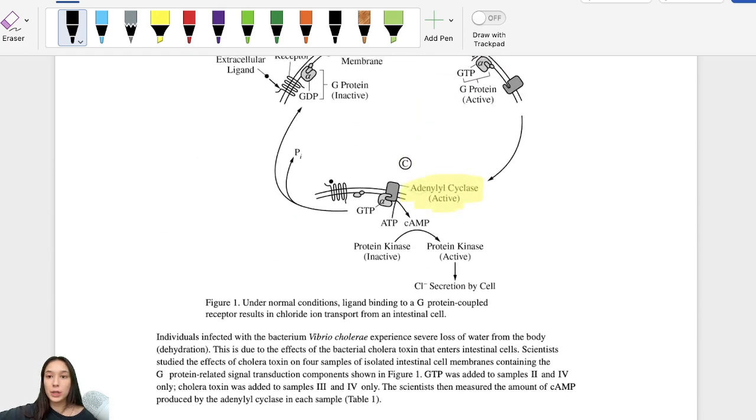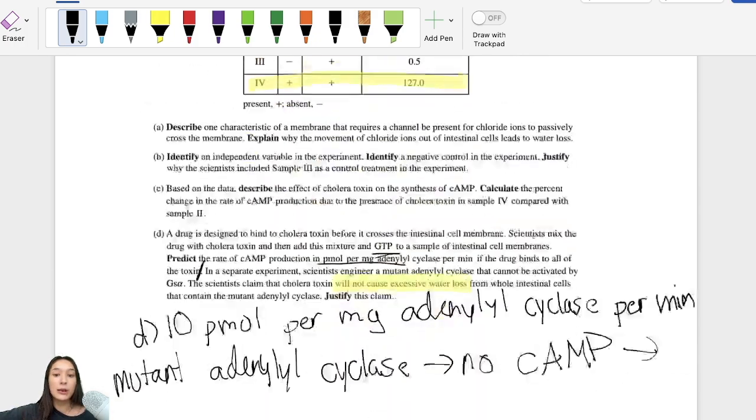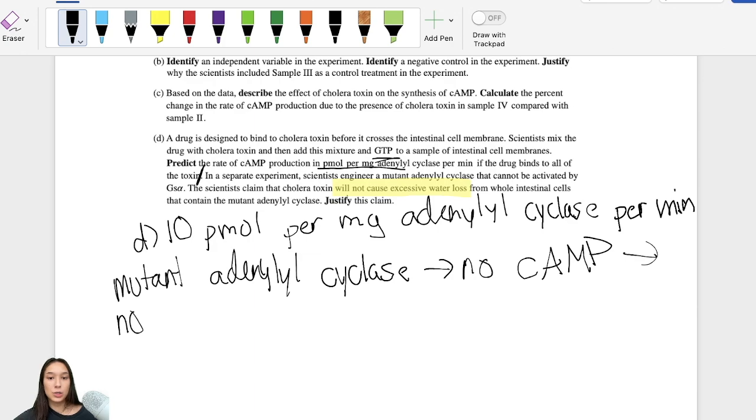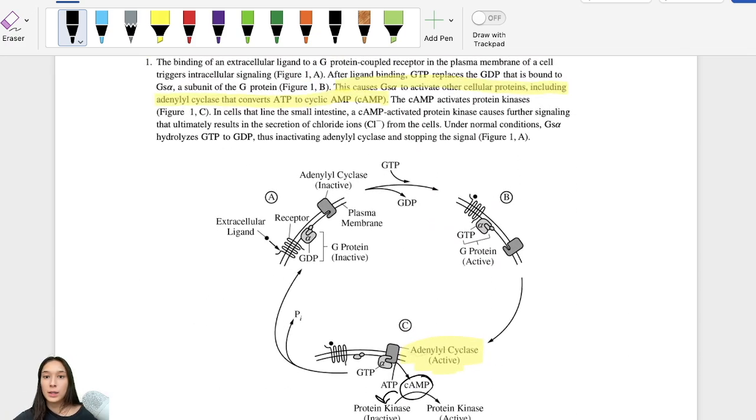Let's go back to here. Okay, so cyclic AMP activates our protein kinases. So our cyclic AMP is going to activate these kinases. Without cyclic AMP, you're going to have no active kinases. So obviously put this in a full sentence, but I'm just writing out the pathway. No active kinases. And then finally, the cAMP-activated protein kinases cause further signaling and ultimately result in the secretion of chloride ions, okay?